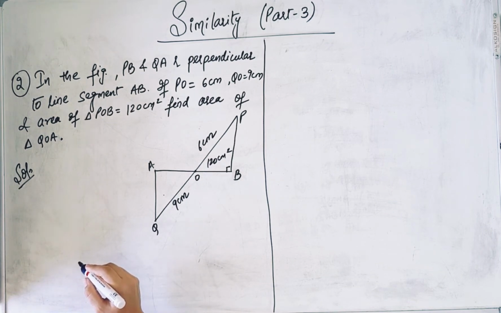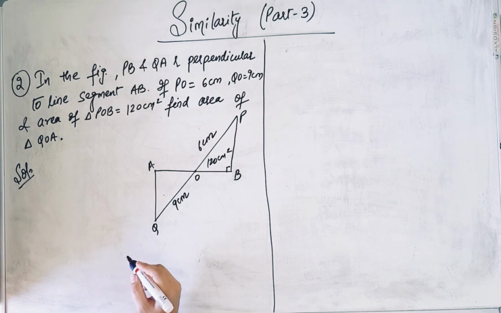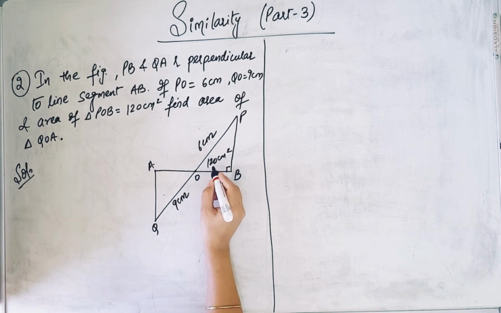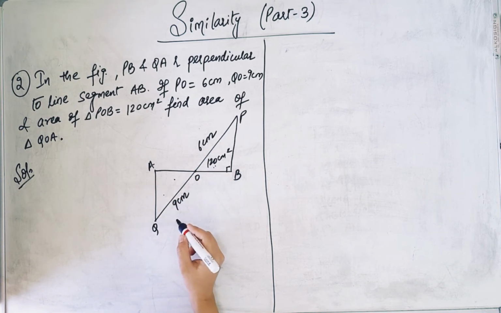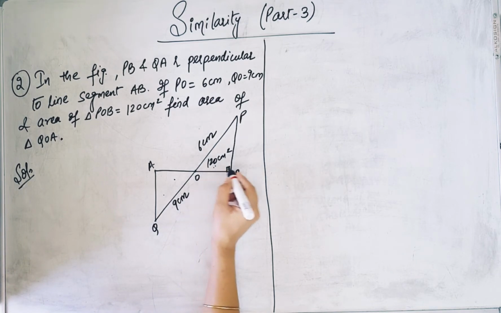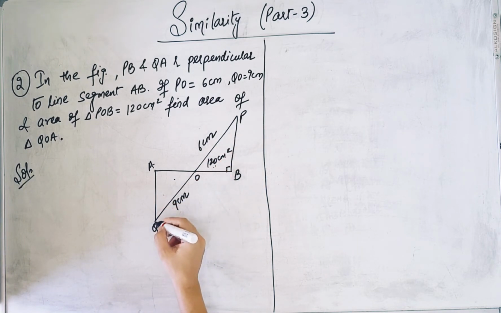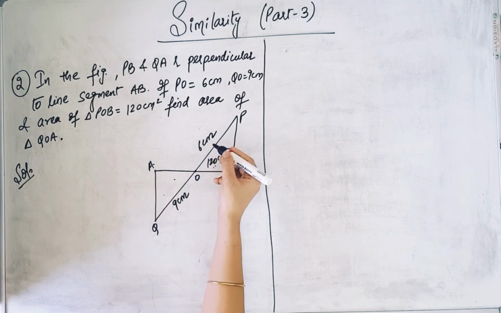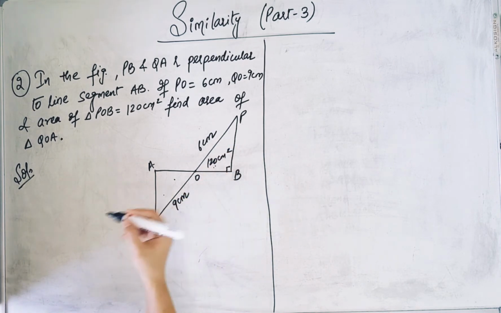So the question is very easy. We can easily see from the question that if we prove these two triangles similar, we can use the theorem which I have explained. Area of triangle POB upon area of triangle QOA is equal to PO upon QO whole square.